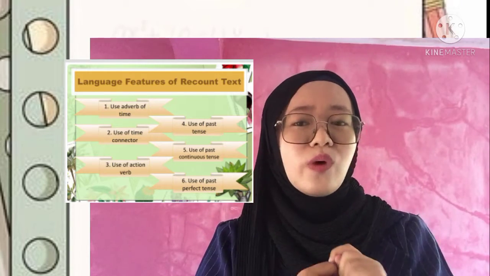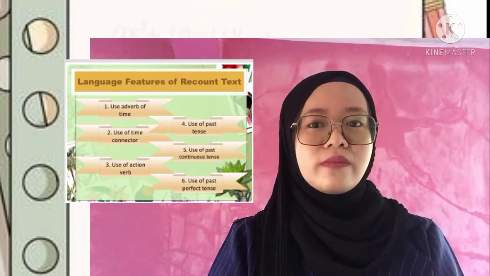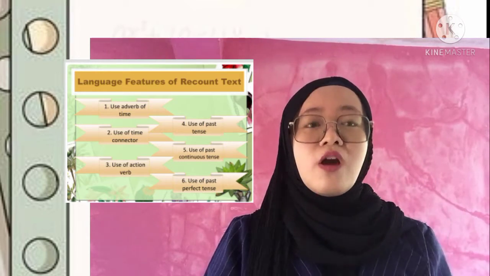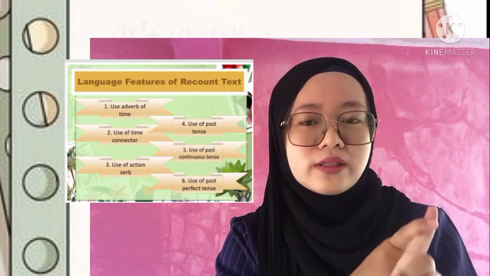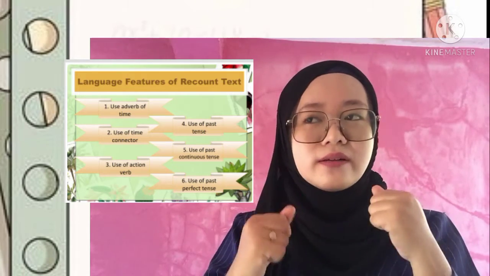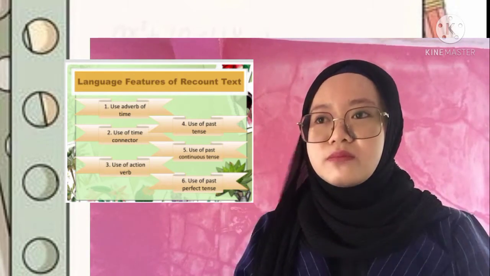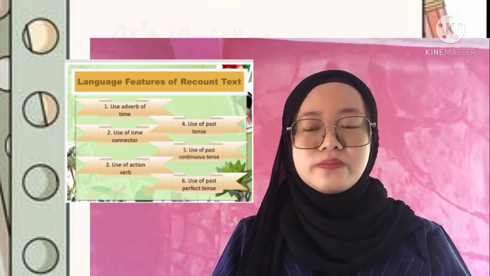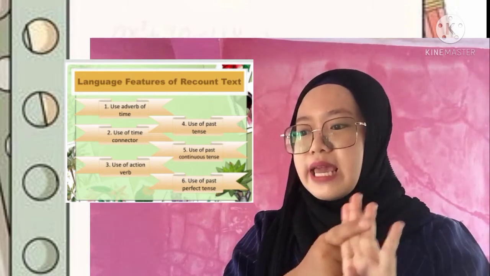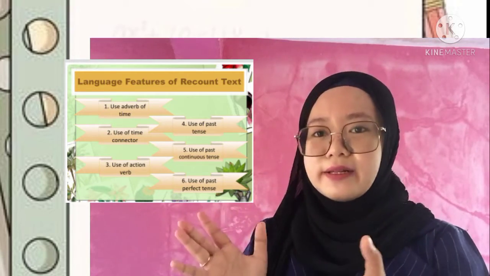Do you know, for example, what an action verb is? Yes, good. For example, action verbs are walked, ran, and then what else? Ate, drank, and so on. And the fourth is the use of past tense.